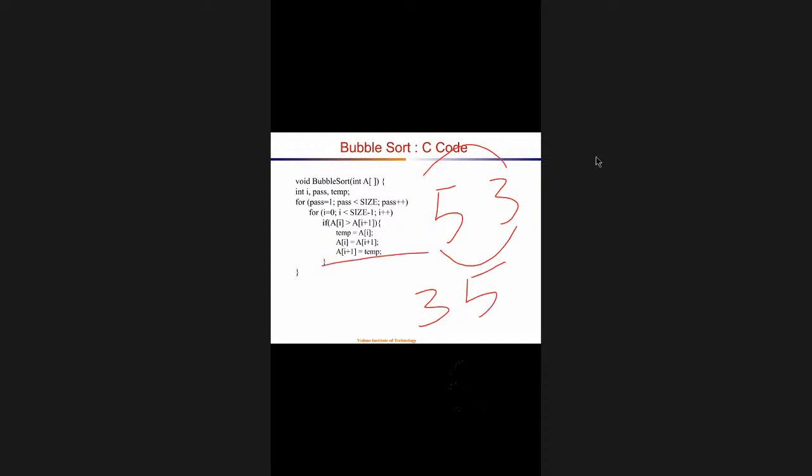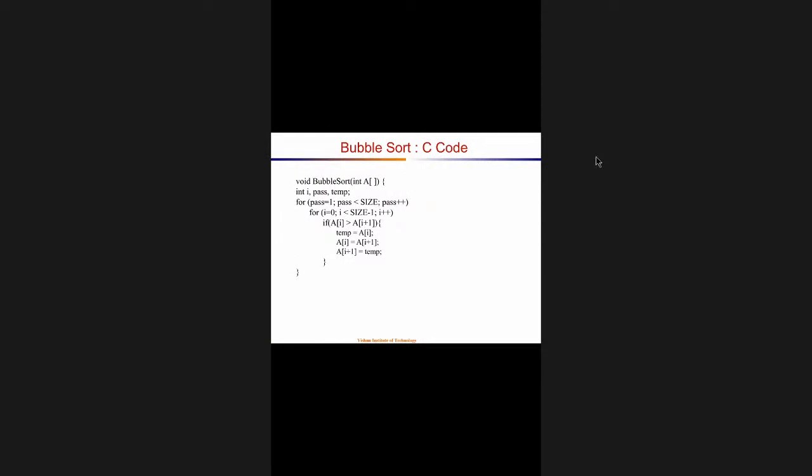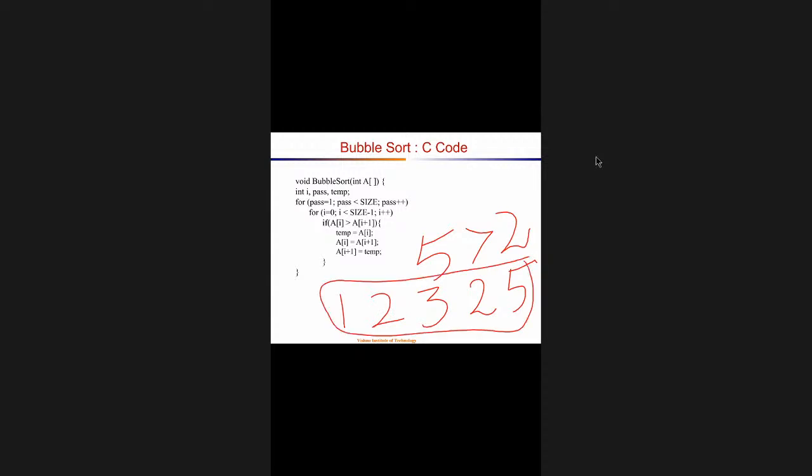Then go for the next element: 5, 1, 2. Again 5 greater than 2, the condition is true, and you swap. Finally the elements are 1, 2, 3, 2, 5. So you complete the first iteration, that is pass 1.